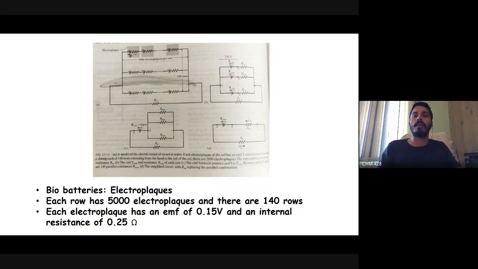And they found that there are 140 such rows. Each battery can produce an electromotive force of 0.15 volt and has an internal resistance of 0.25 ohm. They have already measured it.